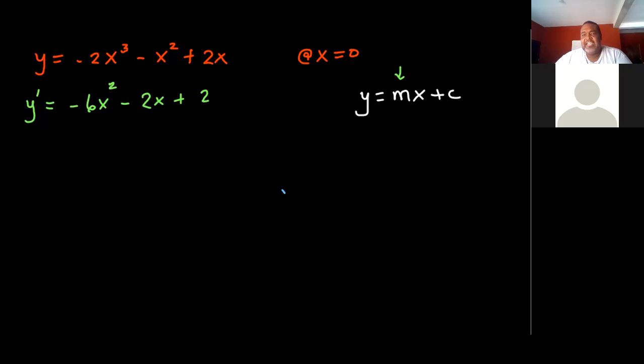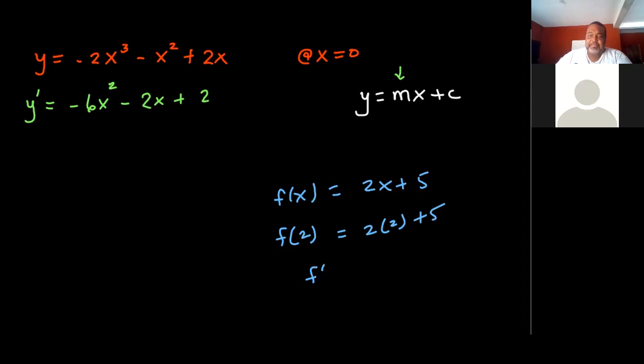If f of x is equal to 2x plus 5, and I want to evaluate this at 2, then I would say f of 2. What that means is I'm going to pass 2 through the function. Wherever I see x, I'm going to put 2. So I'll say 2 multiplied by 2 plus 5. So f of 2 is 4 plus 5, which is 9. I have evaluated this function at x is equal to 2.